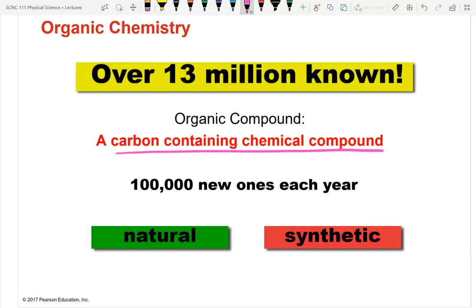Now, it was at one time believed that the chemicals in life could only be produced by living things. But it's been probably 100, 200 years ago or so, it was shown that you could synthesize urea. Now, why would you want to synthesize urea? I'm not sure. But you could synthesize urea in the lab.